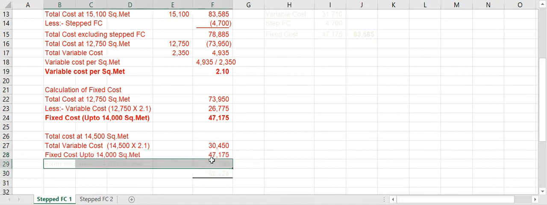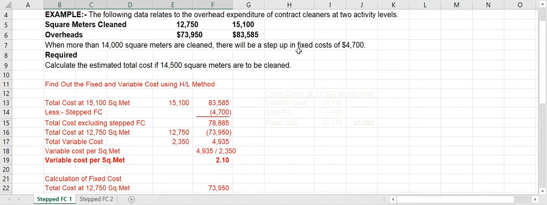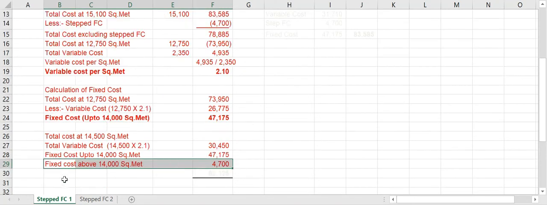Then you need to add the fixed cost above 14,000 square meters, because when you increase from 14,000 to 14,500, the question says there is a step fixed cost. Once you add it, you get the total cost at 14,500.